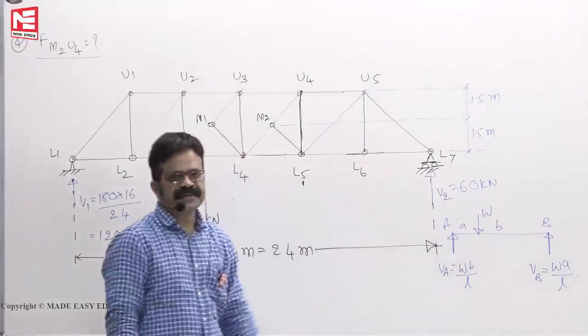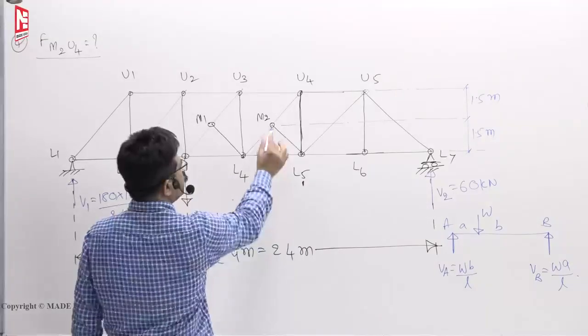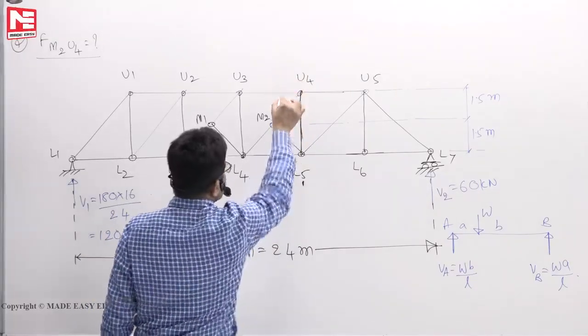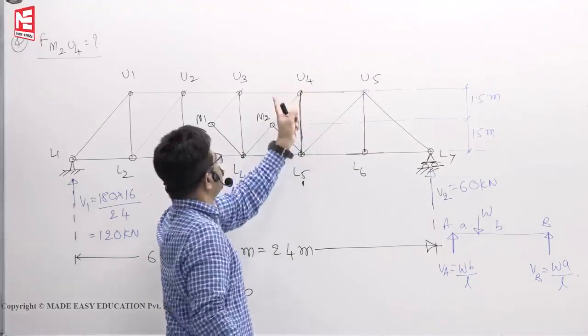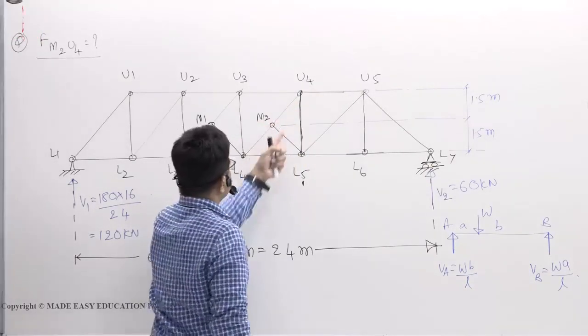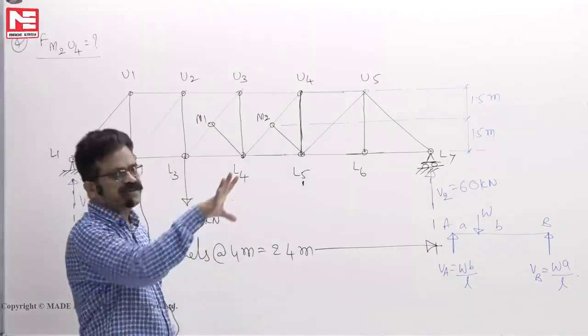So we have spent say 10 or 15 seconds. Now we want M2U4. If I cut vertically, 1, 2, 3, 4 are cut. U4 you take as the fourth. So at M2, 3 members are there. In such cases you have to see the overall configuration.